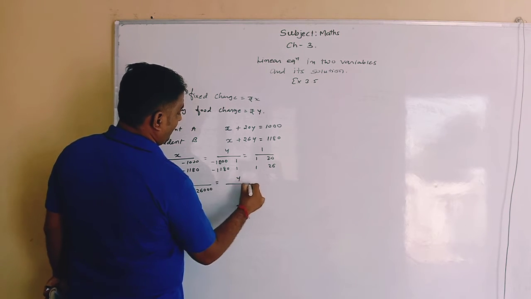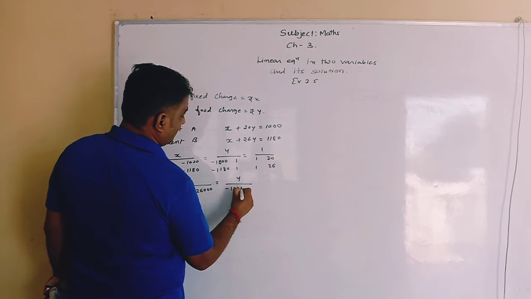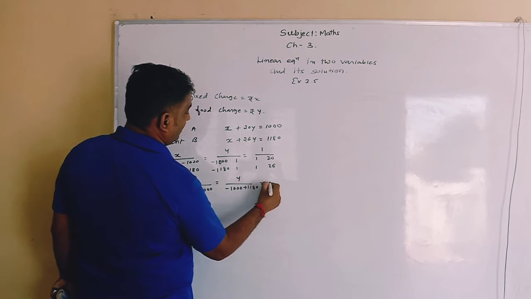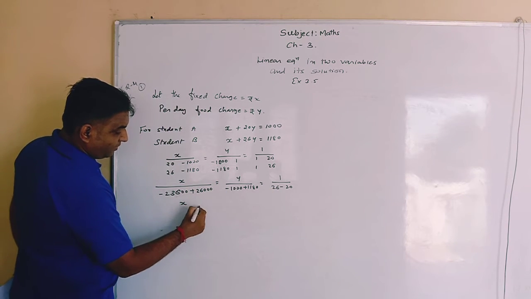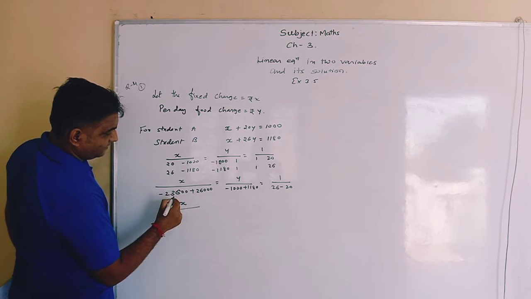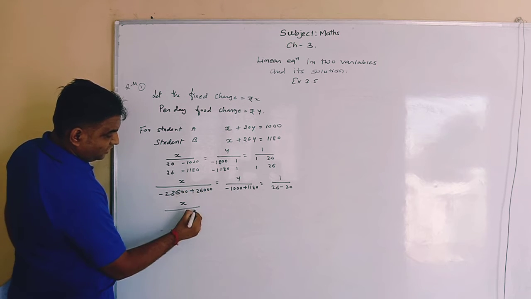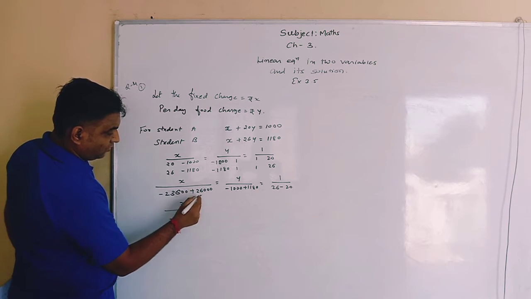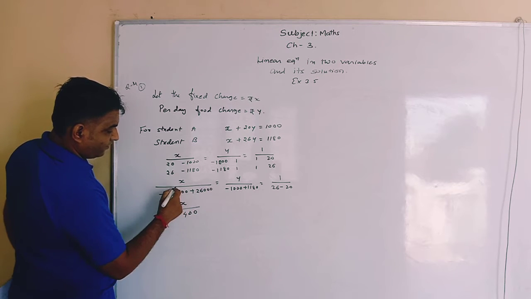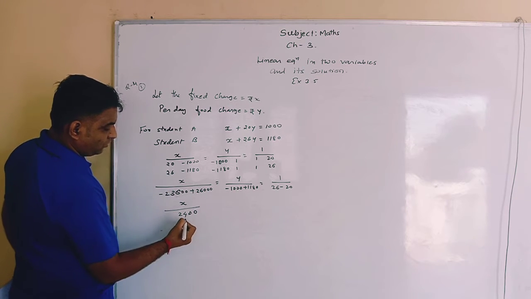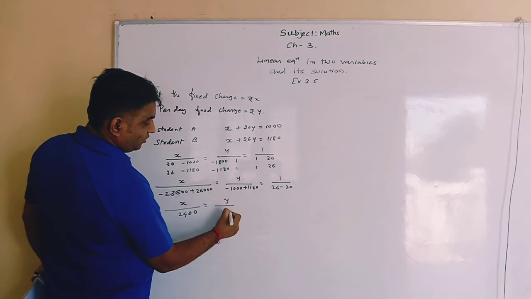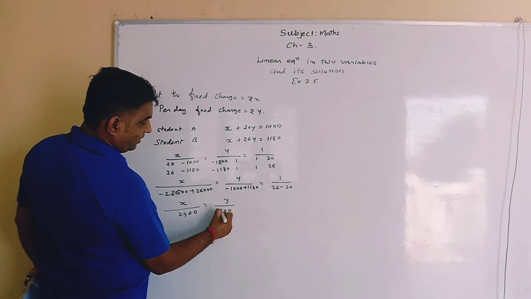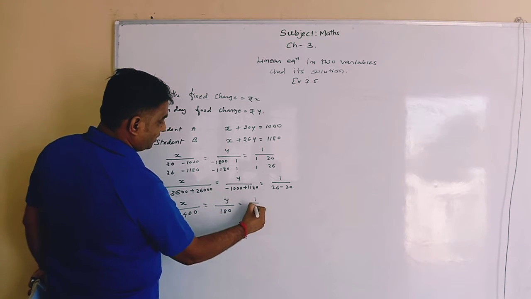Here y upon minus 1000 plus 1180 and 1 upon 26 minus 20. So here we take the minus. Then 0 minus 0 is 0, 0 minus 0 is 0, 10 minus 6 is 4, 5 minus 3 is 2, 2400, y upon 180 and 1 upon 6.